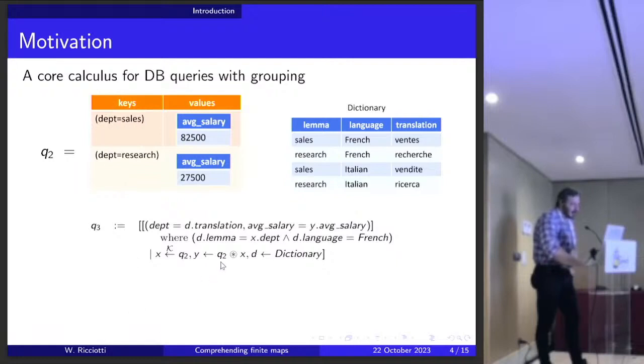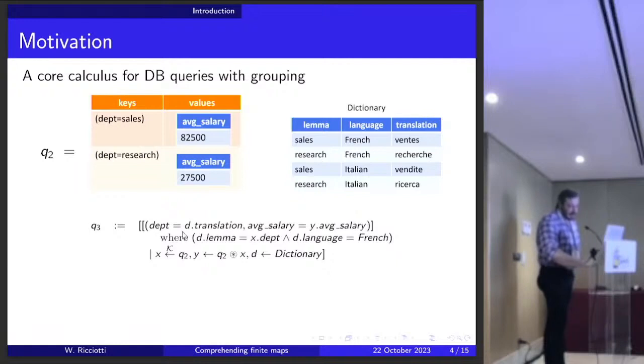and then over the values in each of the subtables associated to a certain key. So this Q2 star X means look up into Q2 the values associated with X and return the corresponding subrelation. And then you can comprehend also over the dictionary relation.